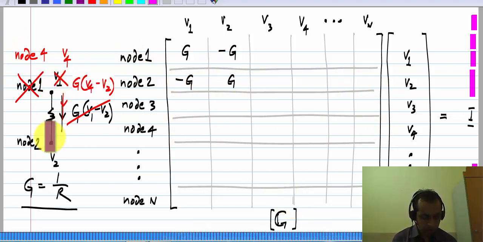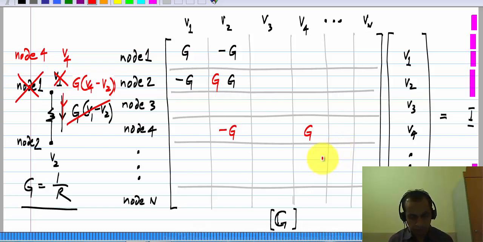The current flowing away from node 4 is G times V4 minus V1. So we would have G times V4 minus G times V2. The current flowing away from node 2 is G times V2 minus V4. So I'll have, instead of this G, I will show it in red. It will be G times V2 minus G times V4.